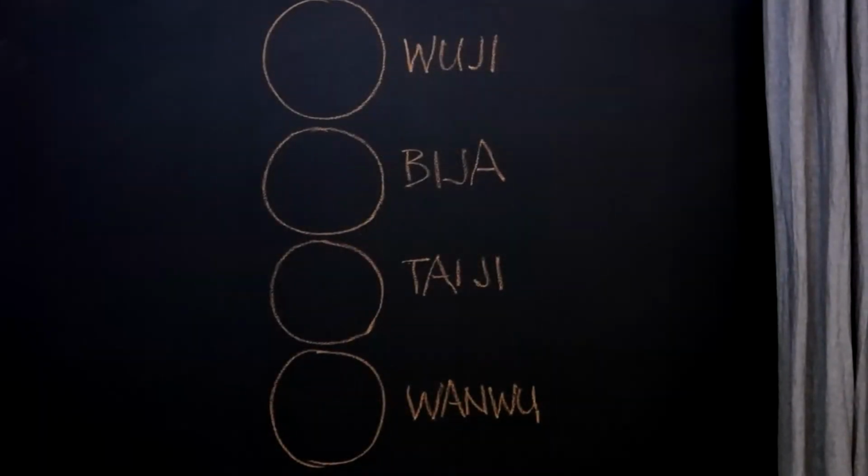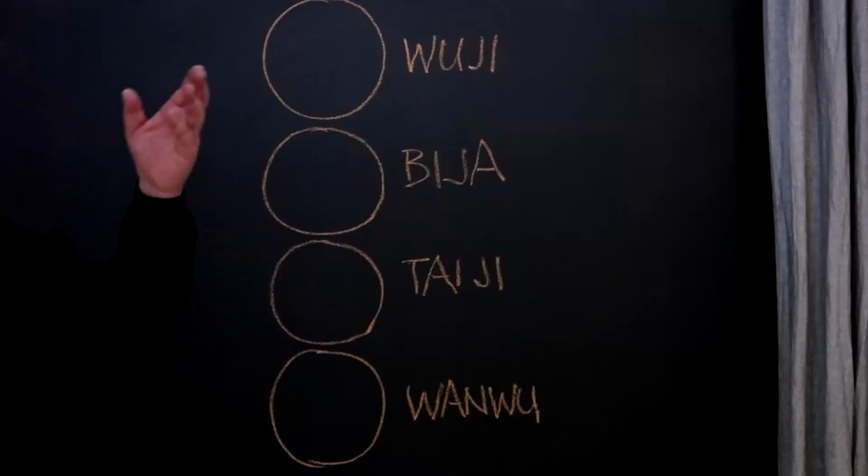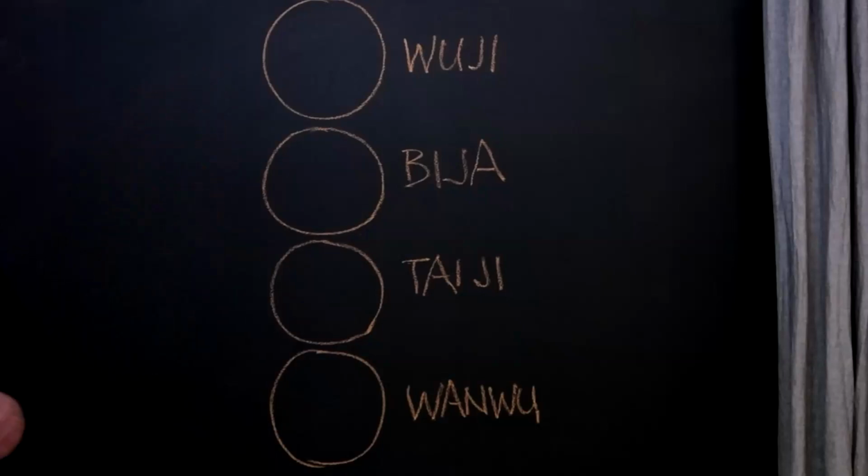Okay, so in the Taoist way of looking at things, you sort of have four divisions in a metaphysical cosmology. And we know the names of some of them, and I've supplied the names of others.